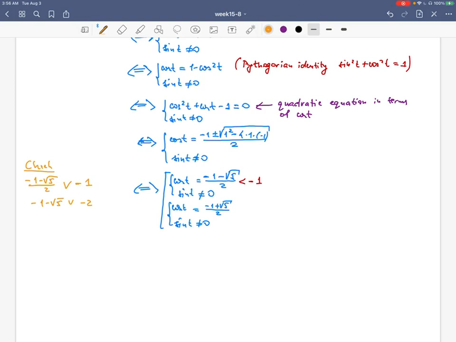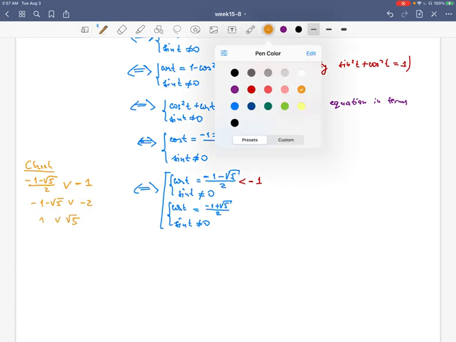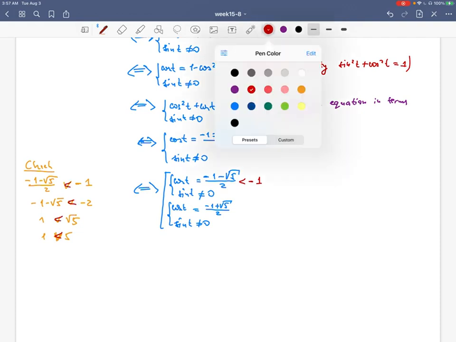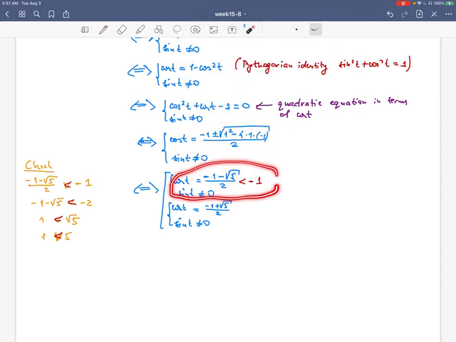Move -root 5 to the right and -2 to the left. We get 2 minus 1, that's 1, versus root 5. Of course, 1 is less than root 5 because if you square this, you get 1 versus 5. So we get less, less, less, and less. And therefore, this particular system is inconsistent. Cosine cannot be less than -1.